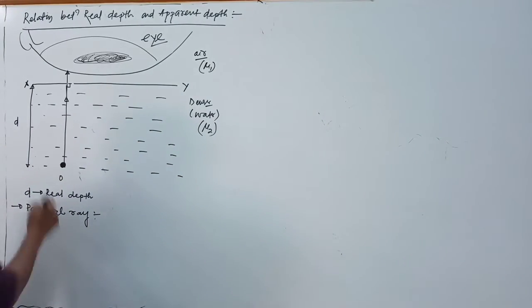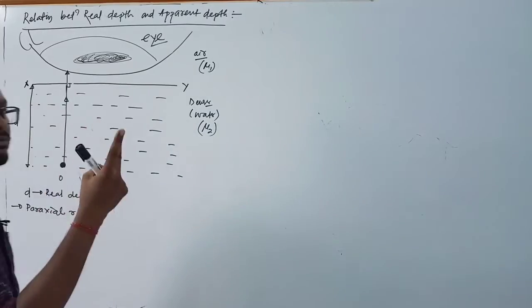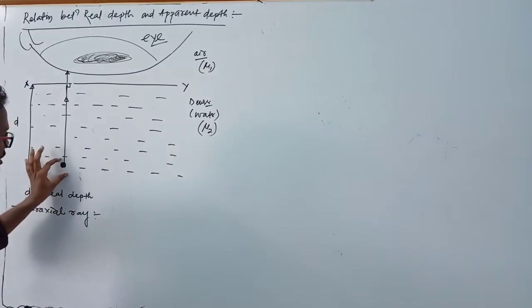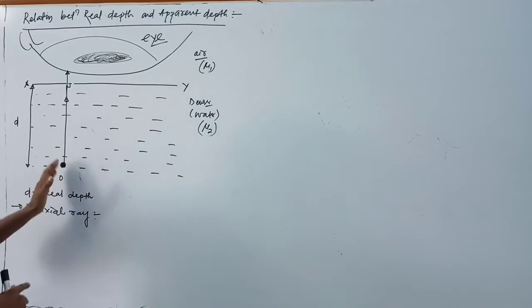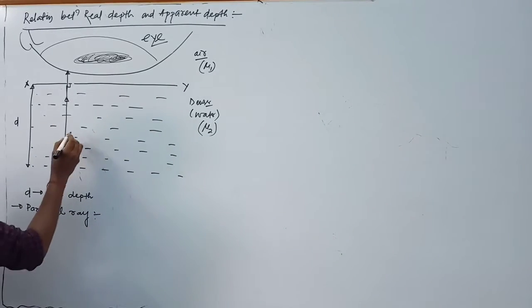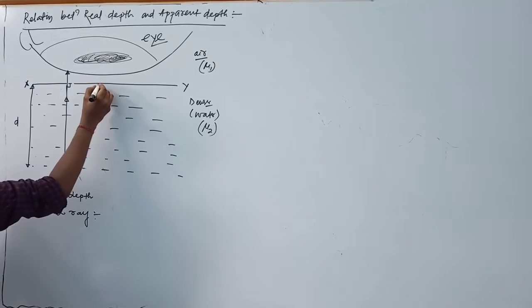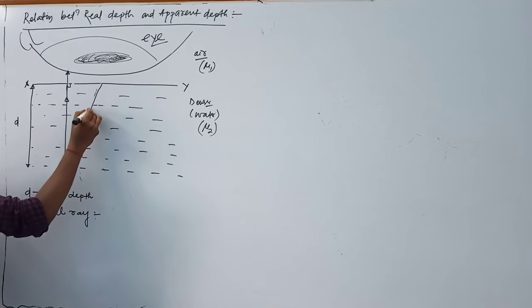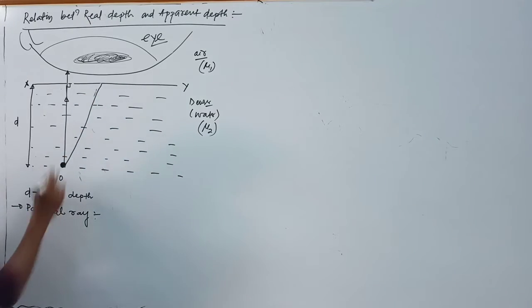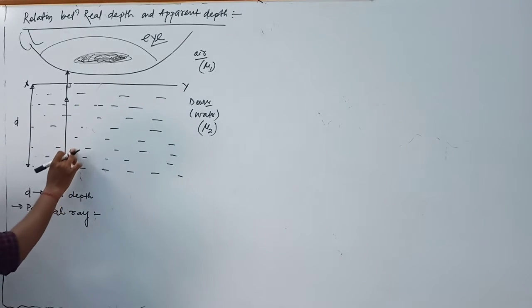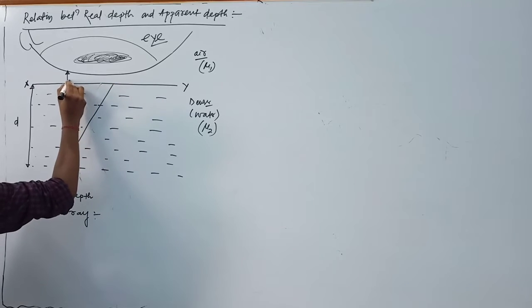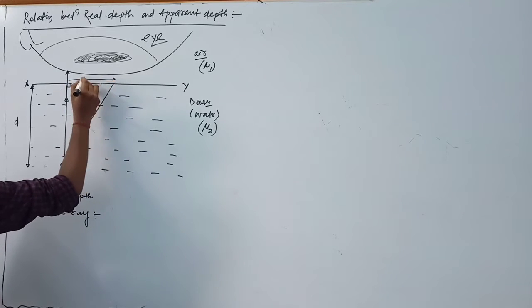Because we need a minimum of 2 rays to observe an object, we have to use 2 rays. This is the first ray and this is the second ray. Suppose this ray is incident at this point, and suppose this distance is x.